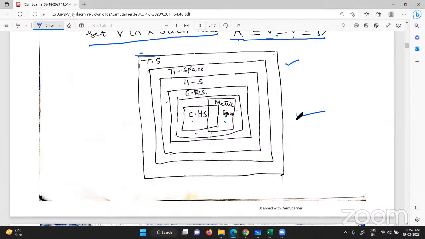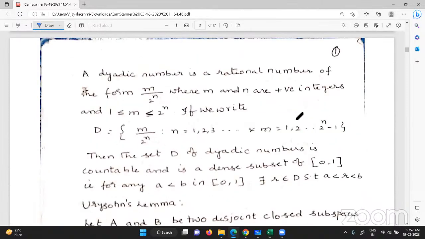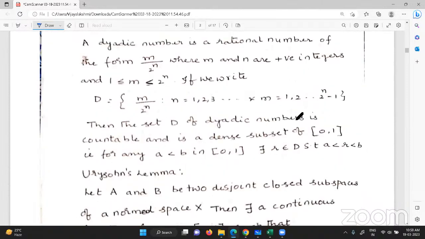Shall I move on to the next one? Okay, next one. So today we will do Urysohn's lemma. Before proving Urysohn's lemma, just as we took the Lebesgue number and proved the Lebesgue covering lemma, we define a dyadic number.